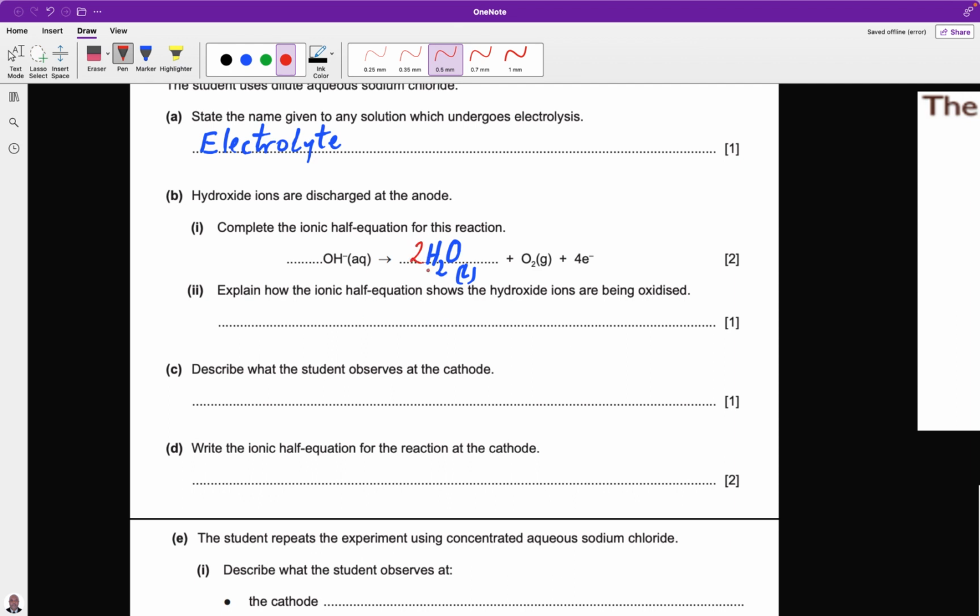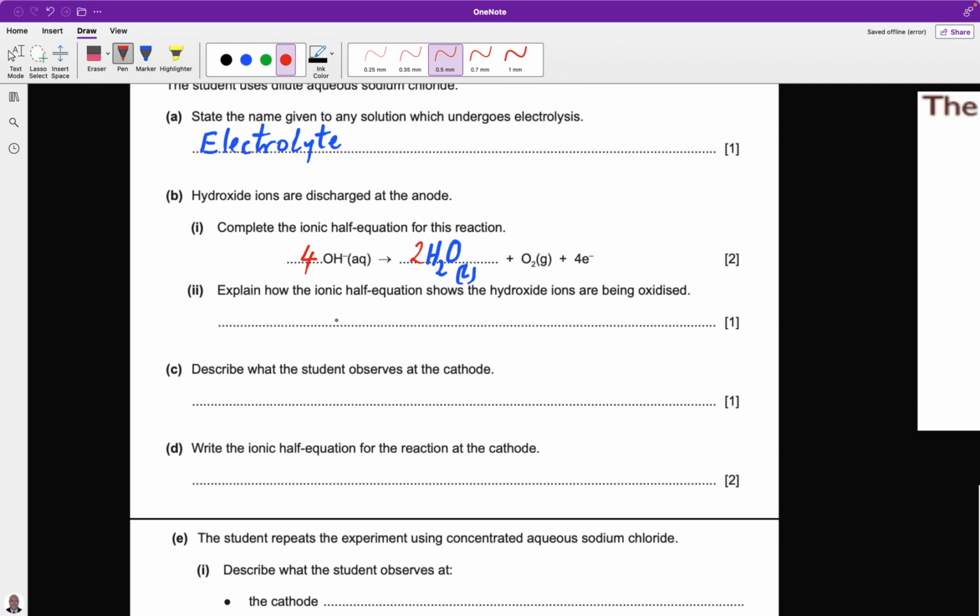Then there are 2 oxygen here and another 2 here, making a total of 4 oxygen. So we put a 4 there. We have 4 oxygen on the left, and on the right we have 2 plus 2. Oxygen is balanced.